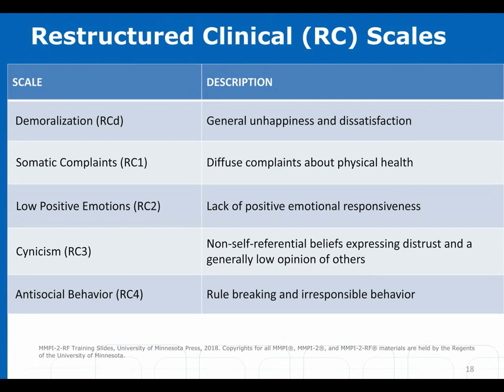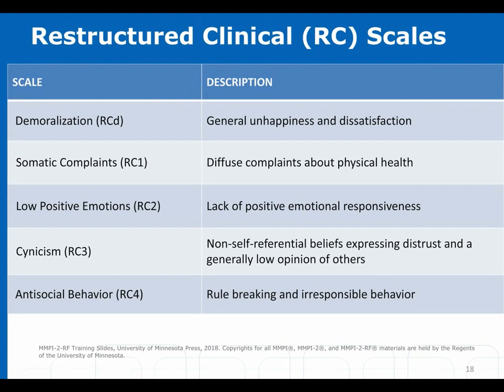RC1, somatic complaints, is described as measuring diffuse complaints about physical health. The main types of somatic complaints assessed by RC1 are head pain complaints, neurological issues, and gastrointestinal symptoms. In the DSM-4, we had a somatoform disorder, which of course assessed medically unexplained somatic issues.